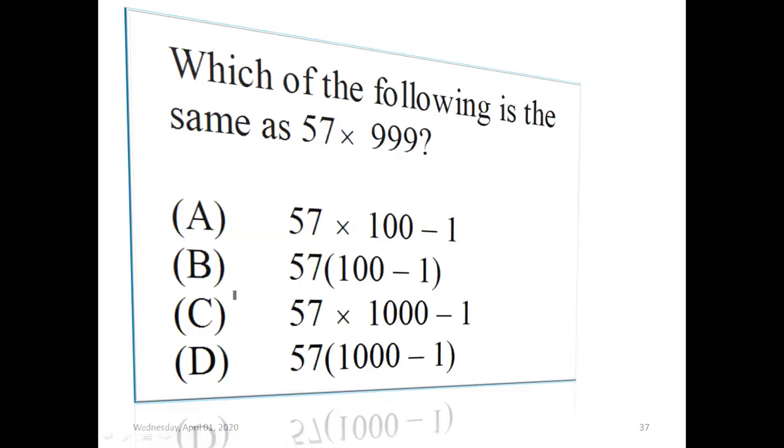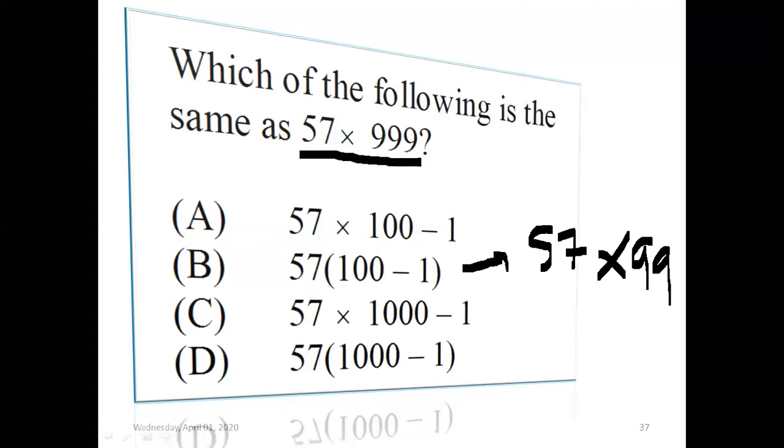Let me explain why B would be incorrect. B would not give you the answer, 57 times 99. That's different from this, not true? Yes, sir. But D would give you the answer. So D is the answer.